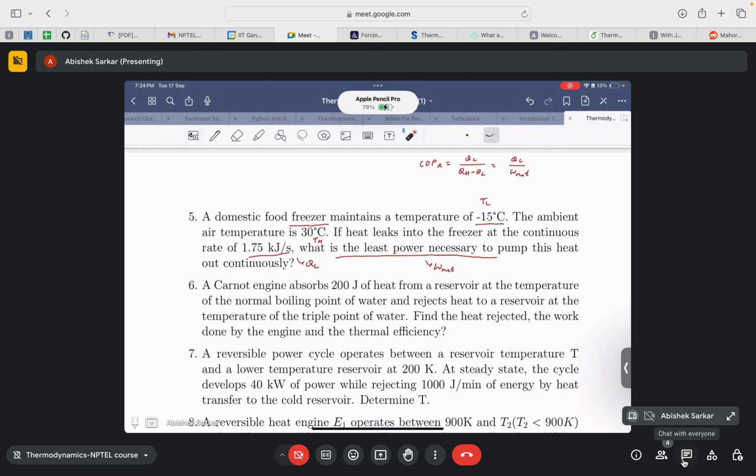The least heat interaction was in the case of a reversible heat engine. So in which case will you require the least power for a refrigerator? Which kind of refrigerator will have the least power requirement? Okay, so that's the key. You can try it out.